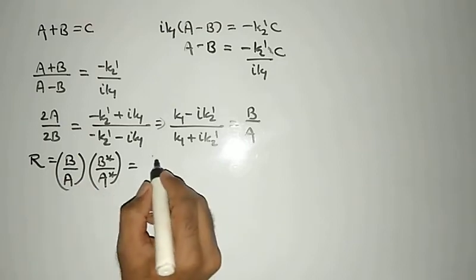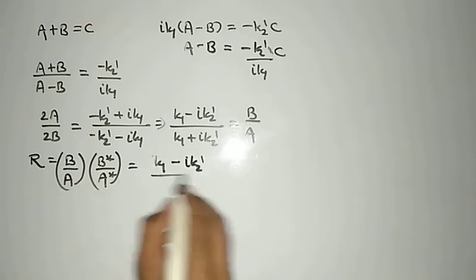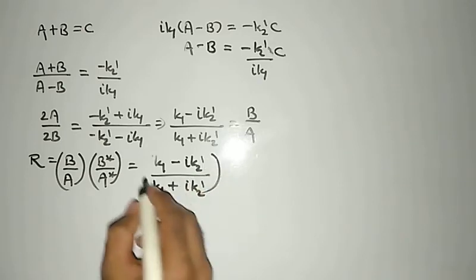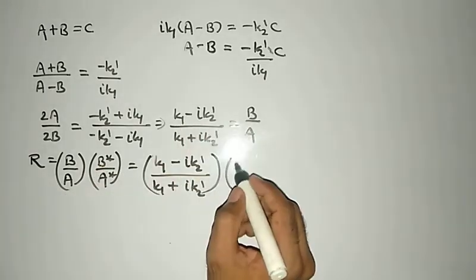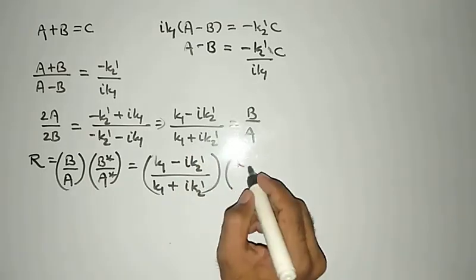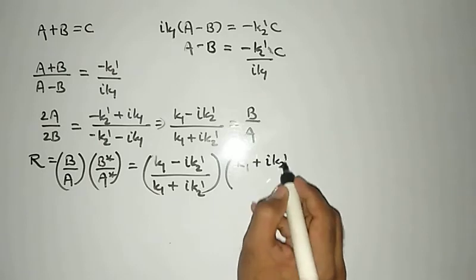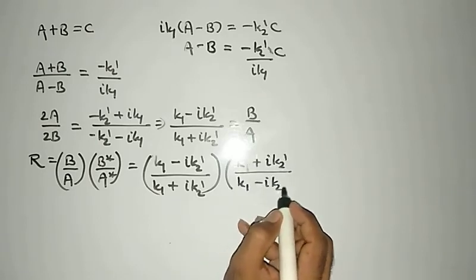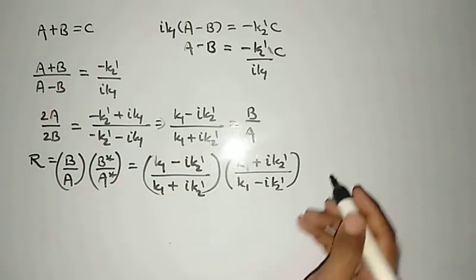So writing for b by a, k1 minus i k2 dash upon k1 plus i k2 dash, and for b star by a star, we have to take k1 plus i k2 dash upon k1 minus i k2 dash, yes, for the complex conjugate.